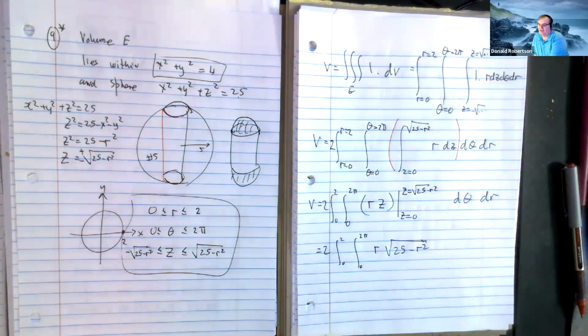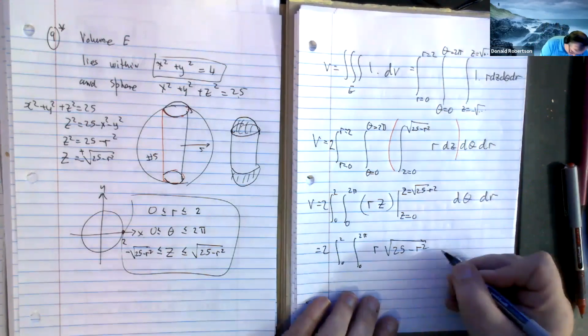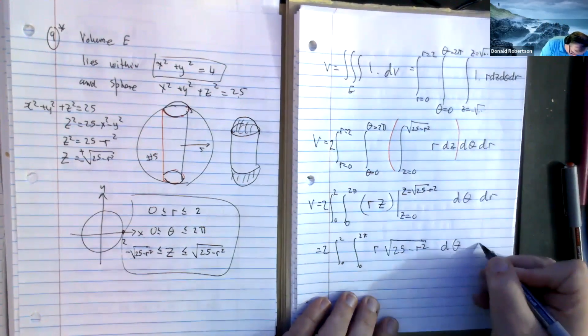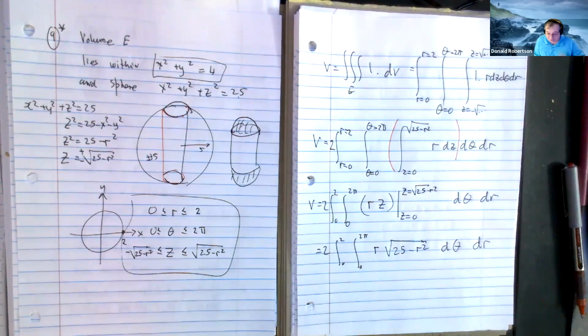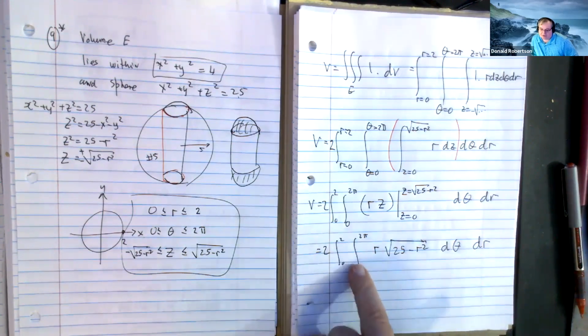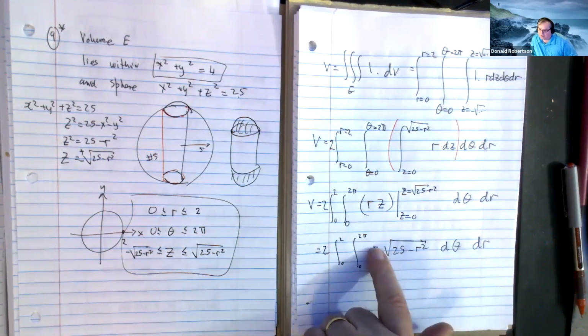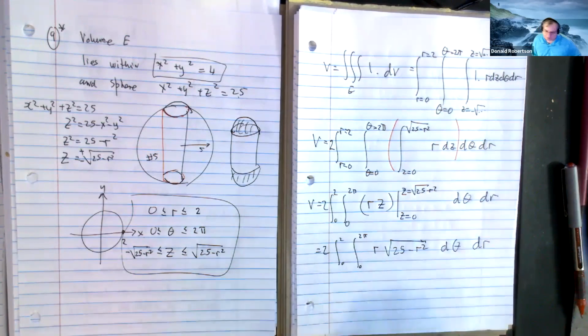Minus nothing. Much nicer, right? d theta dr. And we got lucky. Limits of integration are both numbers. Only has r's in it, so it's separable.